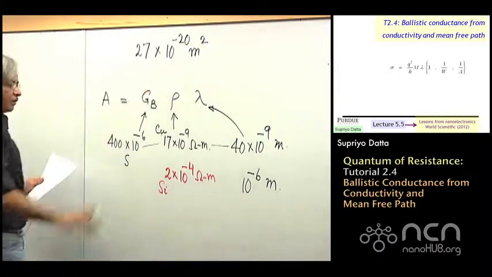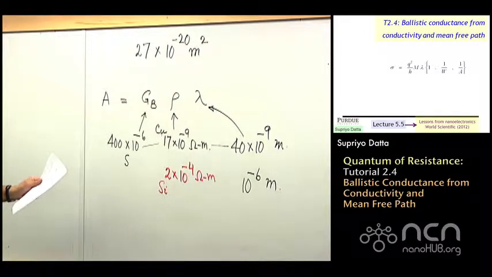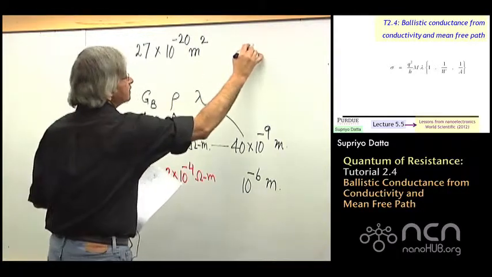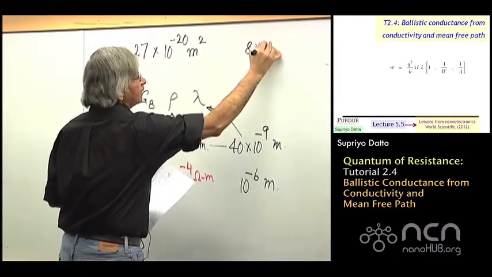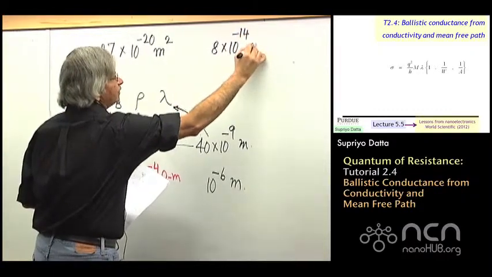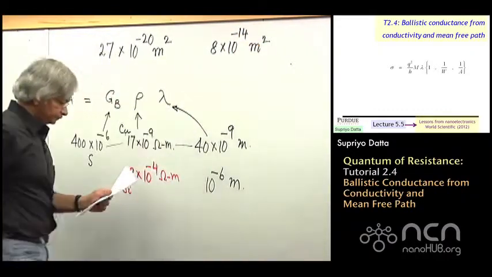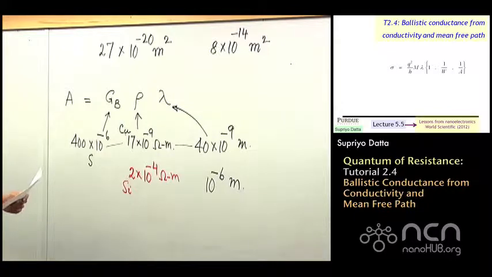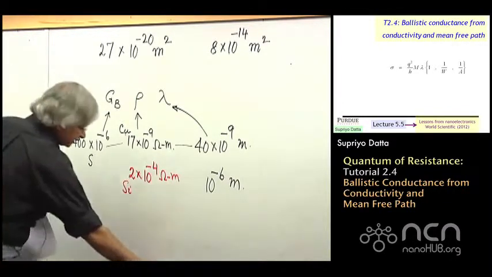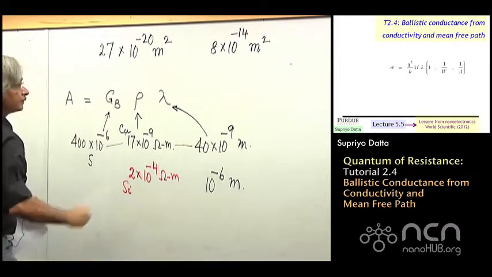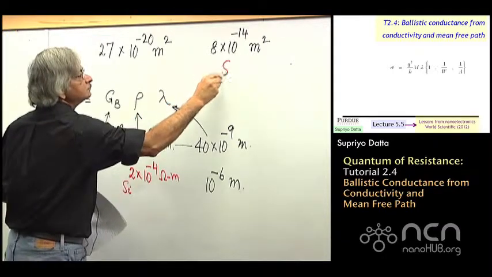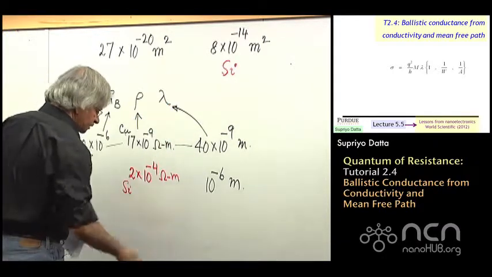That's what I got for copper. Whereas for silicon, I got more like 8 times 10 to the power minus 14 square meter. That's the number I get for silicon. So that's silicon, and that's copper.